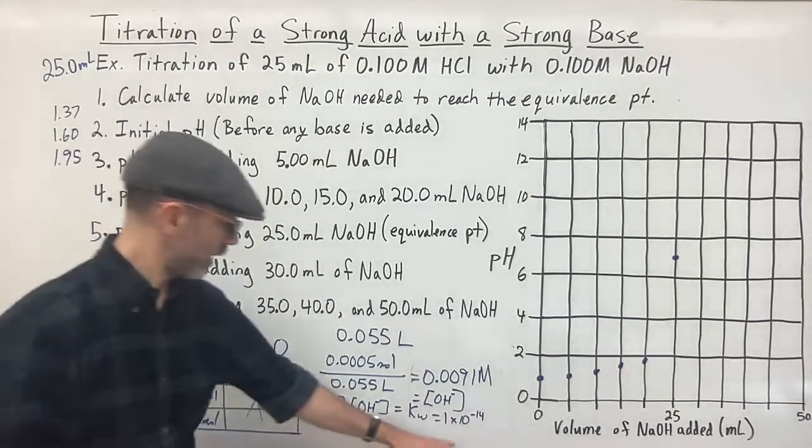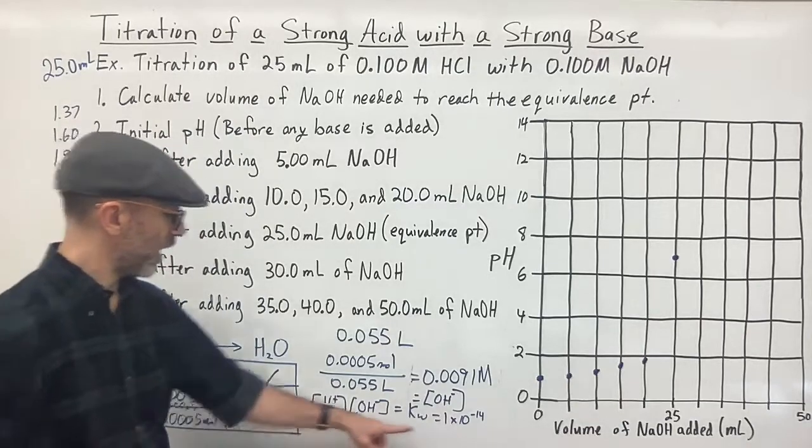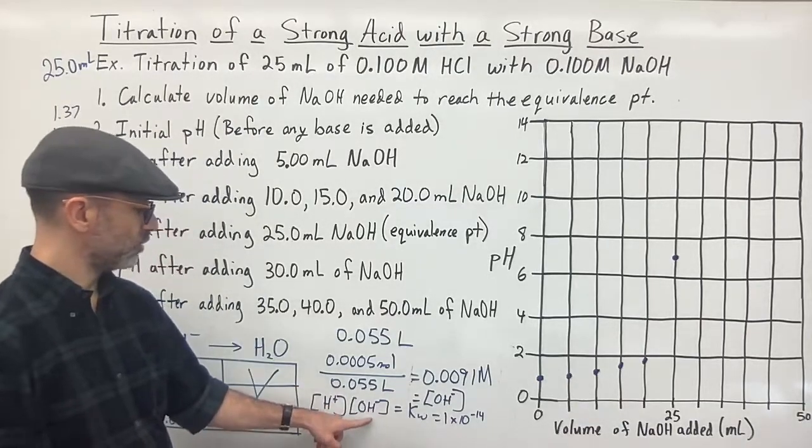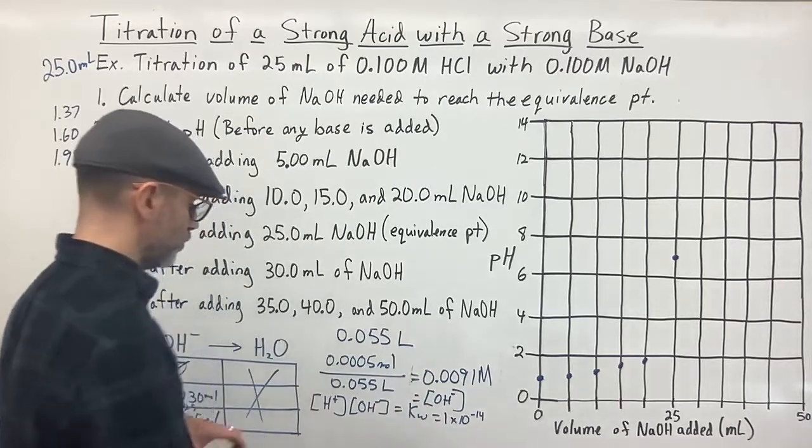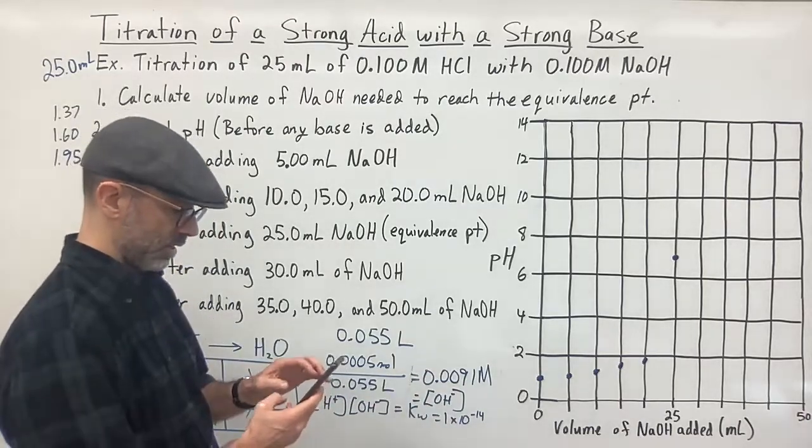So we can divide both sides by the OH minus concentration, and we can get the H plus.